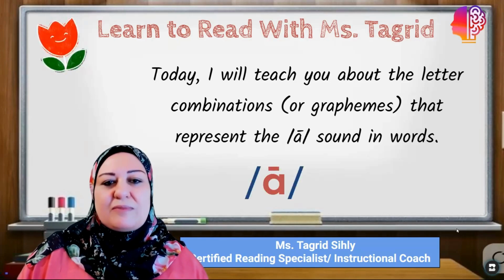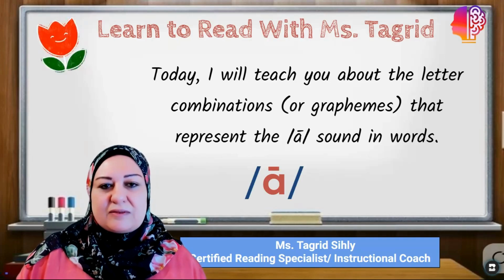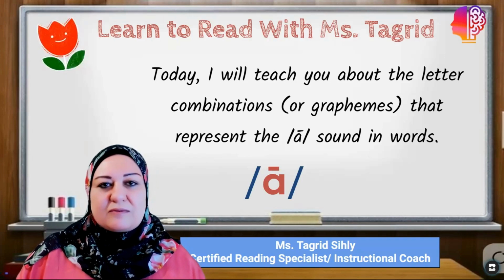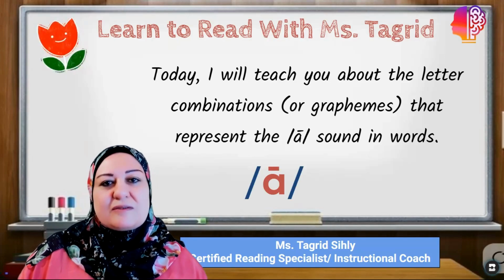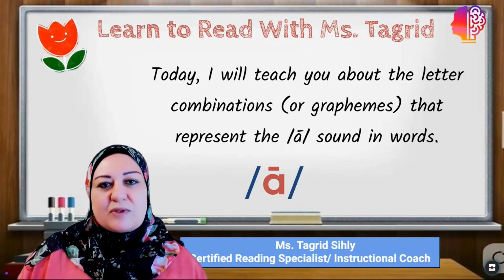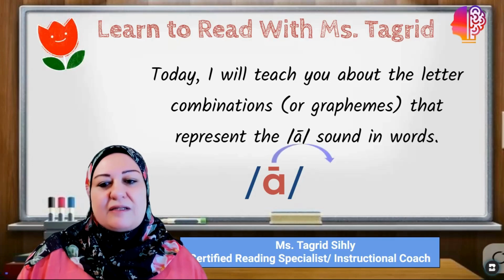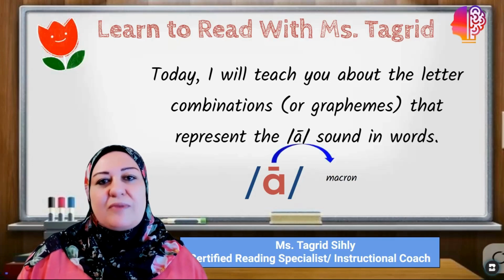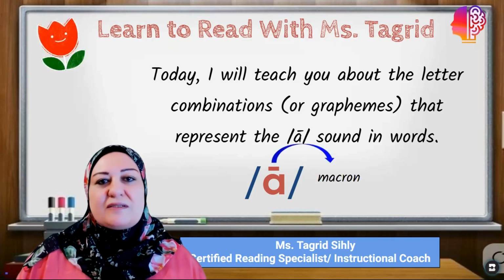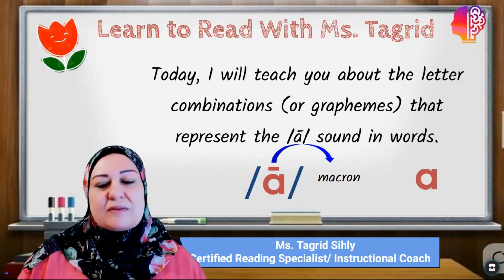When we're talking about the long A sound, we use a little mark on top of the letter between the two slash marks. That mark is called a macron. That just tells us that it's a long A sound and not a short A sound.